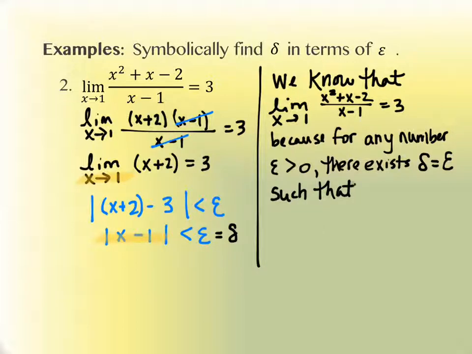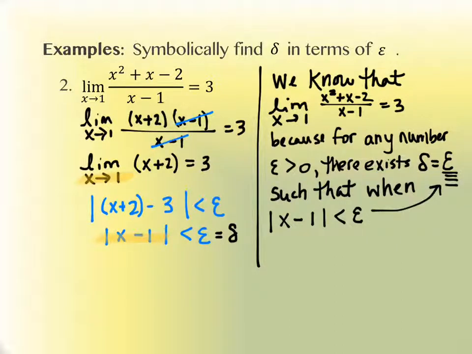and again, I'm changing my language up just a little bit because I don't want you to think there's something super special about any of my specific words. There are other ways to write this. Such that when the absolute value of x minus 1 is less than that epsilon, this epsilon right here, and it's the delta value. Maybe I shouldn't write it like that. I don't want you to think it's multiplication. But it's the epsilon that's coming from here.